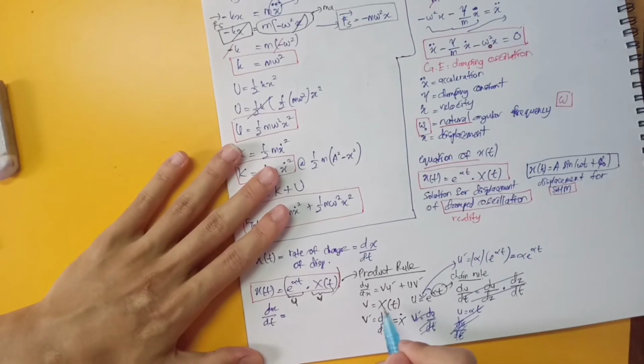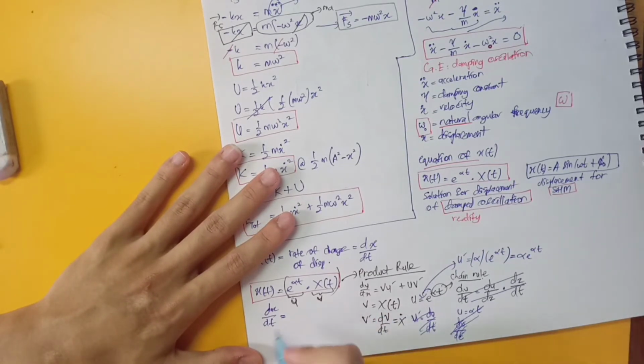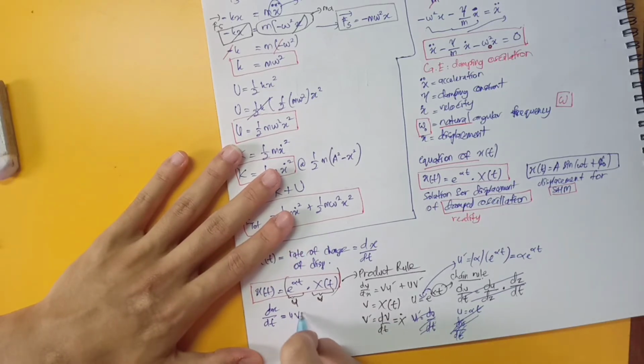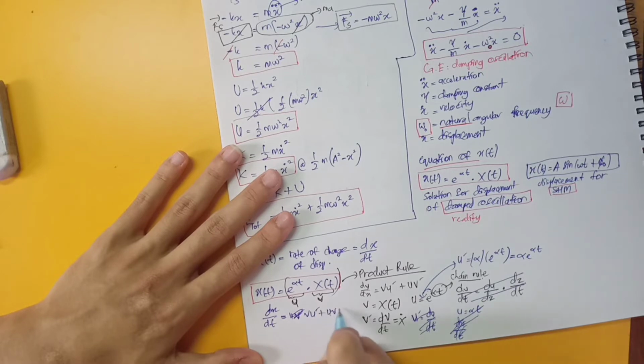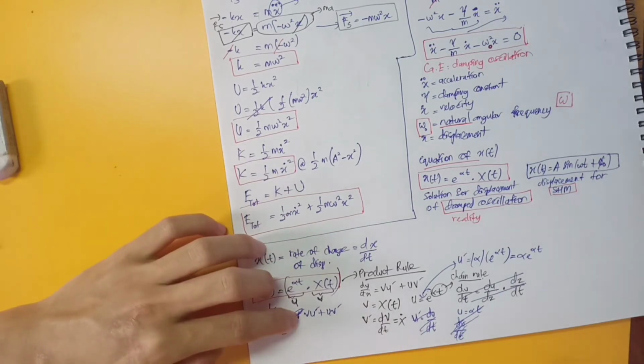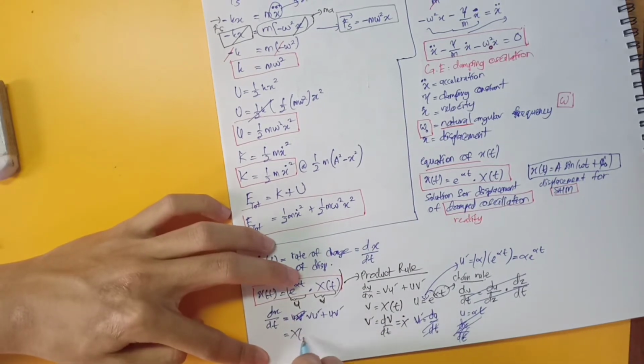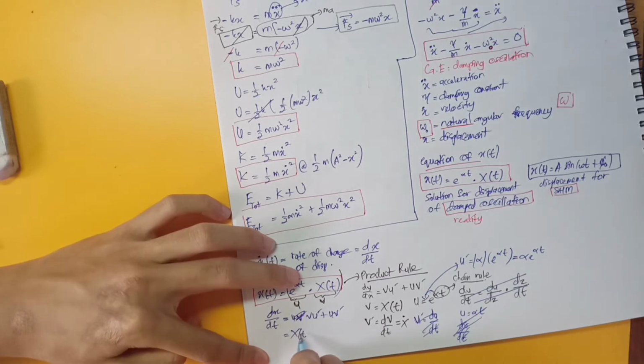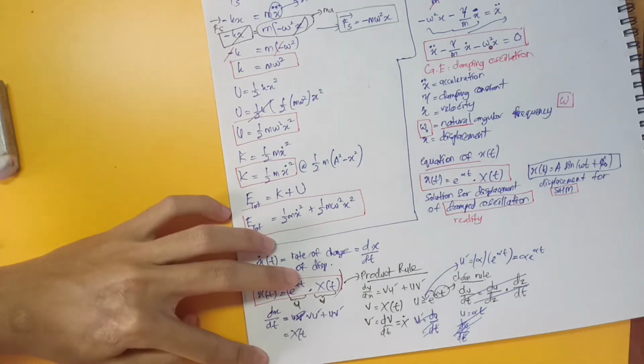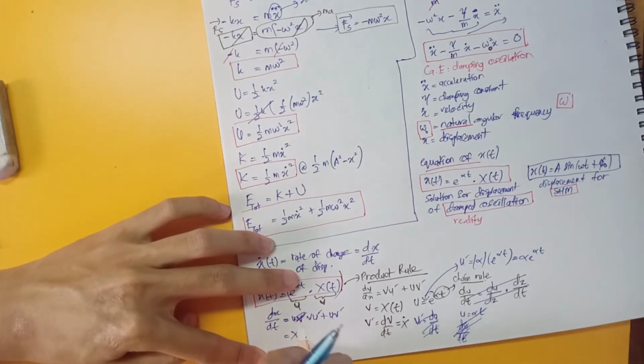So dx over dt is equal to vu prime plus uv prime, right? What is v? v is equal to capital X. I'll just remove t here, so that's easy.